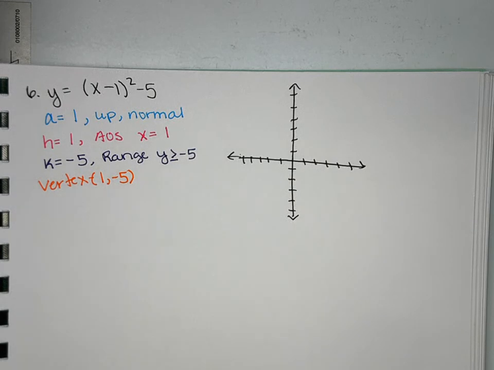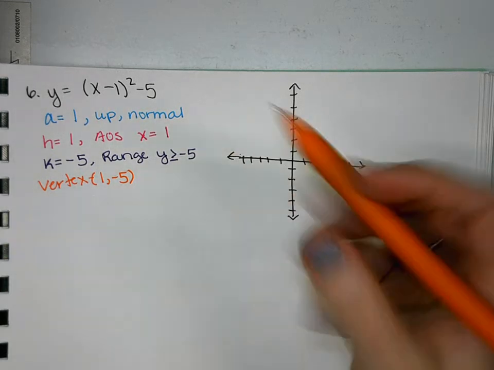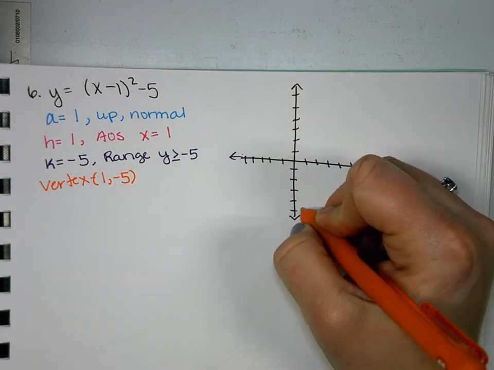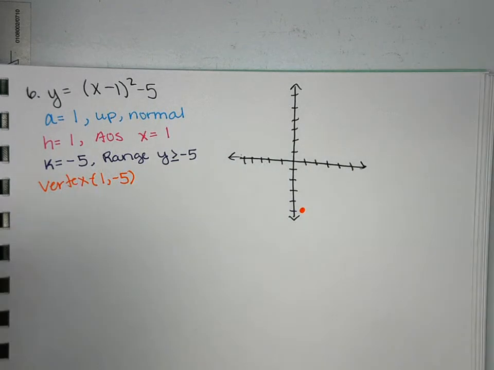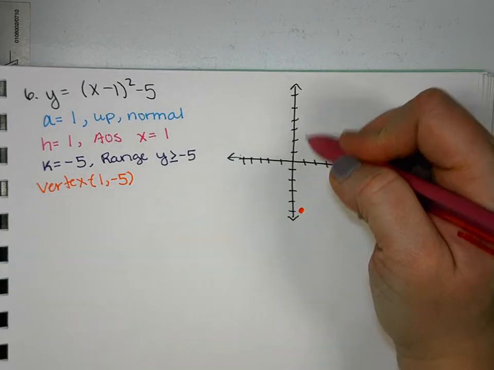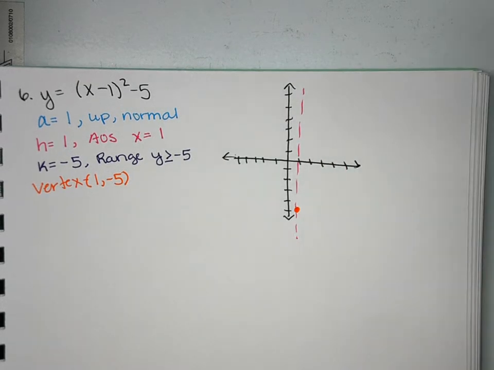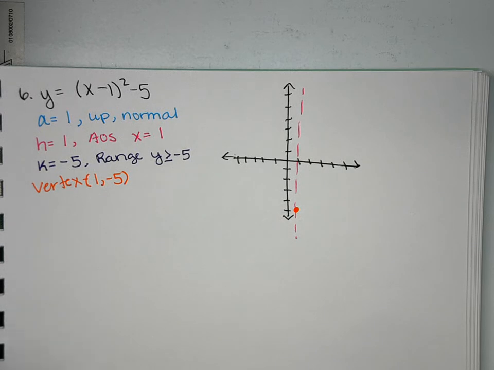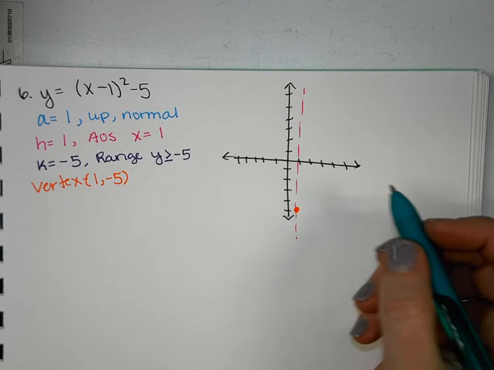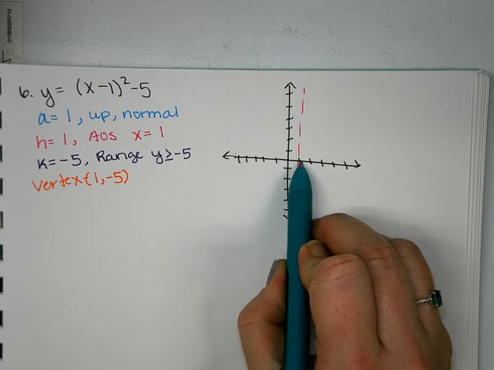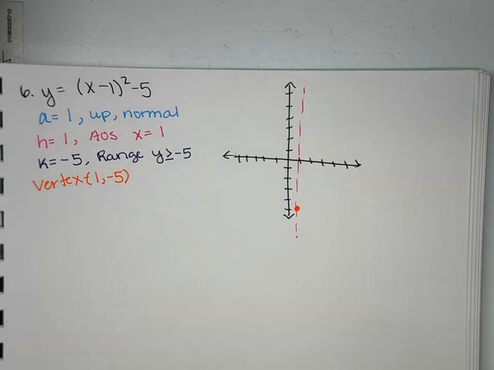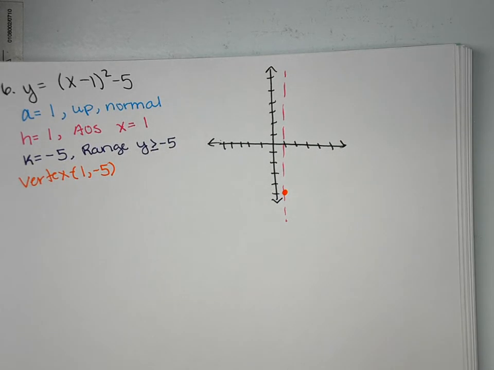So we graph the vertex 1, -5. Then we graph our axis of symmetry, x equals 1. Then we find a point to plug in. So if our axis is here at 1, we just need to pick an x value either to the right or the left. 3.